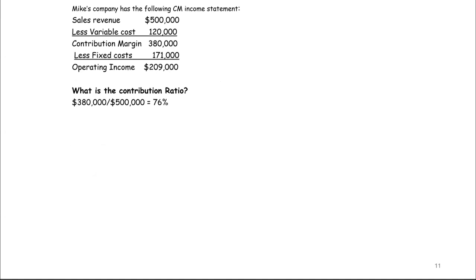We're going to take our contribution margin and divide by our sales. We can do this in total or on a per unit basis. So what I like to do is do all three. If we know our variable costs are 24%, it helps us determine what the contribution margin is, and always assume that sales is 100%.